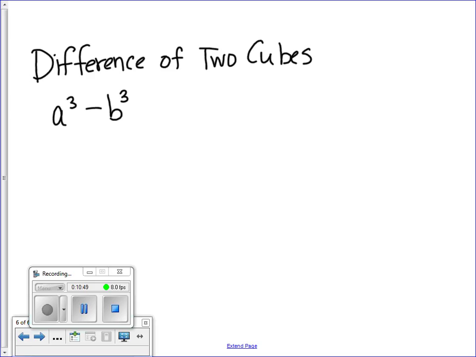What's different about this one than the last one? Subtraction. It's subtraction. That's why it's a difference and not a sum. It factors to A minus B. So again, you've got to find what those cube roots are. Times A squared plus AB plus B squared.